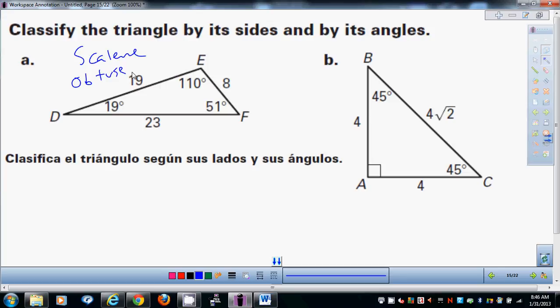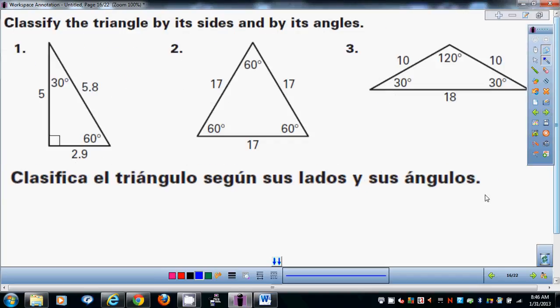Let's look at some more. I'll call on random people to answer these. They're the exact same thing, but now we have three of them. Number one. What kind of triangle is that? Are two of the sides equal? Scalene. Jensen, number 2. What is that?